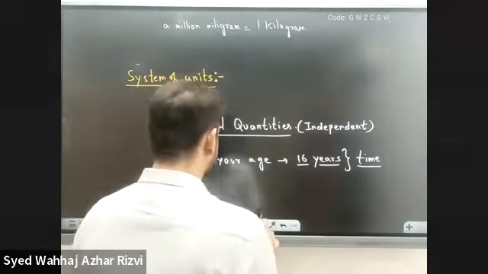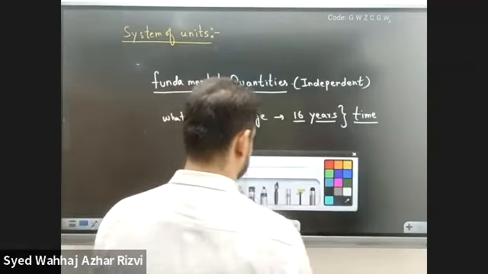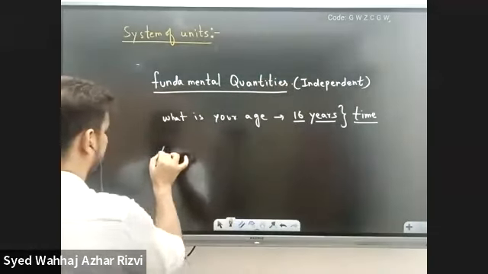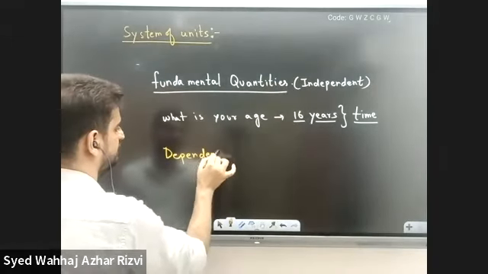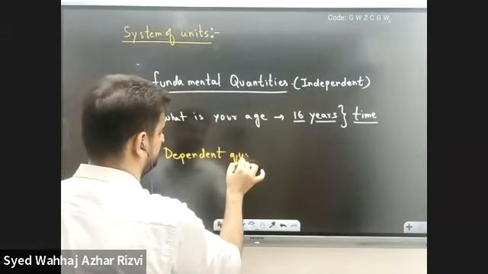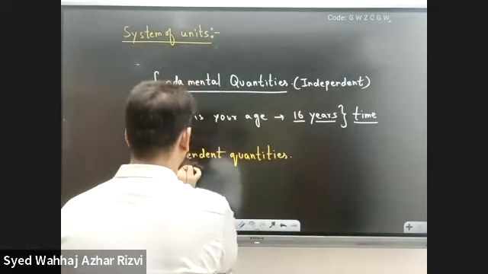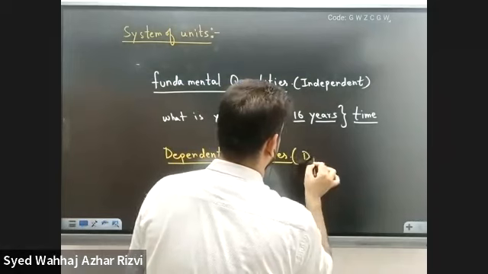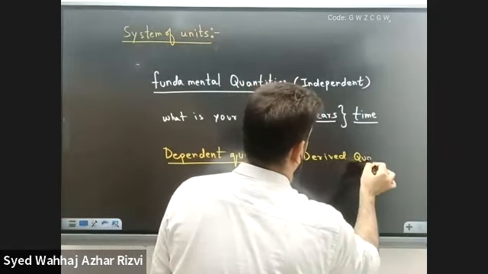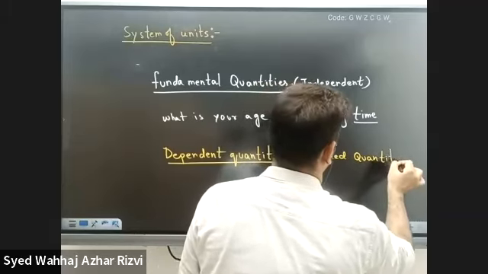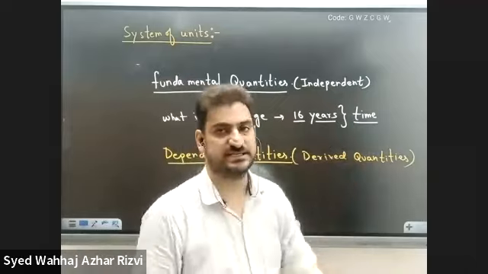Now, there are also certain quantities which are dependent on other quantities. We also call them derived quantities. So what are these derived quantities?